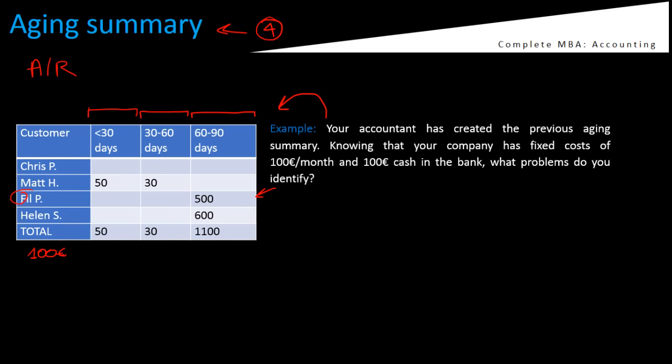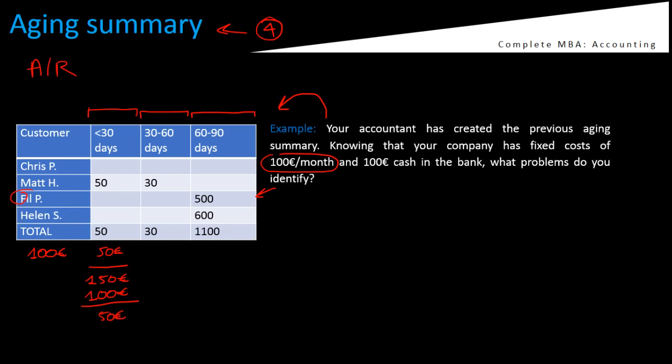You know also that at the end of the first month you get €50 in payments. So in reality you will have cash of €150. However, you know that you have fixed costs of €100 per month, so you have to subtract €100 there. You will therefore end with €50 in your cash account.